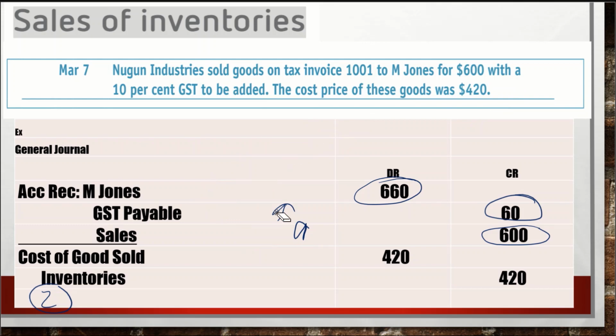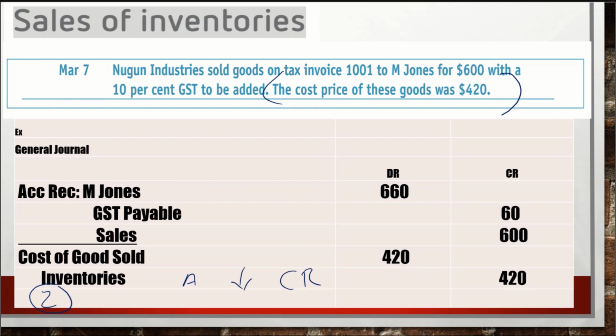But in this transaction, it was a credit transaction. However, regardless of whether it was a cash or credit transaction, inventories, my asset, still decreases on the credit side. I create a new expense called cost of goods sold, which increases. So I debit cost of goods sold and I credit my asset, inventories, because it decreased.